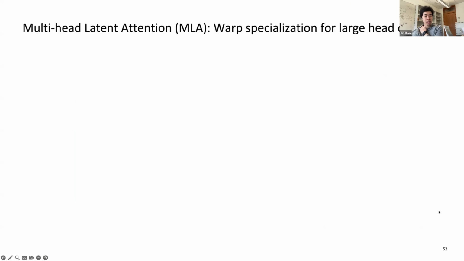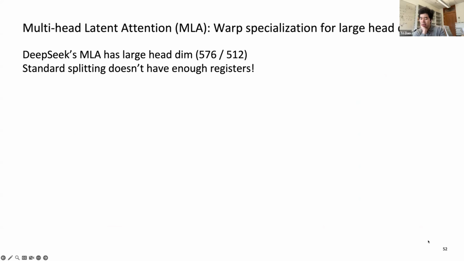Right. And then finally, I'll talk about some optimization for multi-head latent attention, MLA. This is the attention variant from DeepSeek, and during decode, what happens is that the head dimension becomes quite large. Normally we would have head dimension 128 or 256, but for MLA, the head dimension is like 500, right?